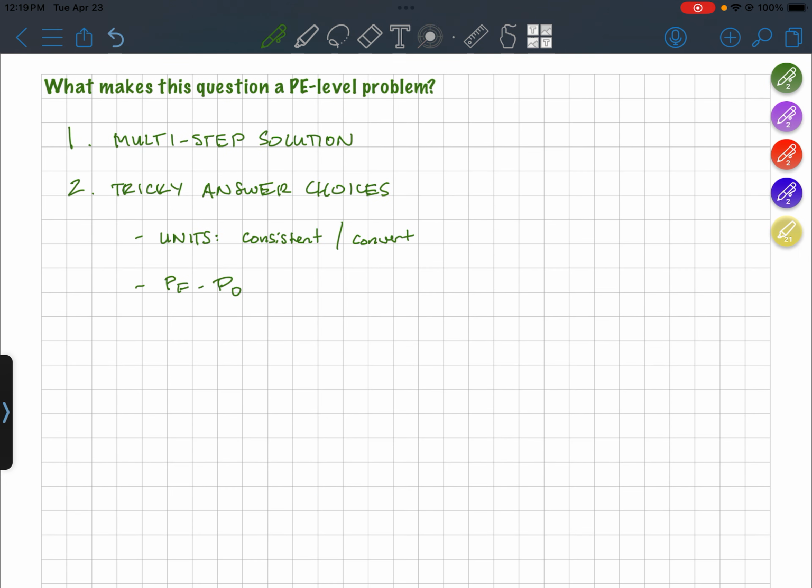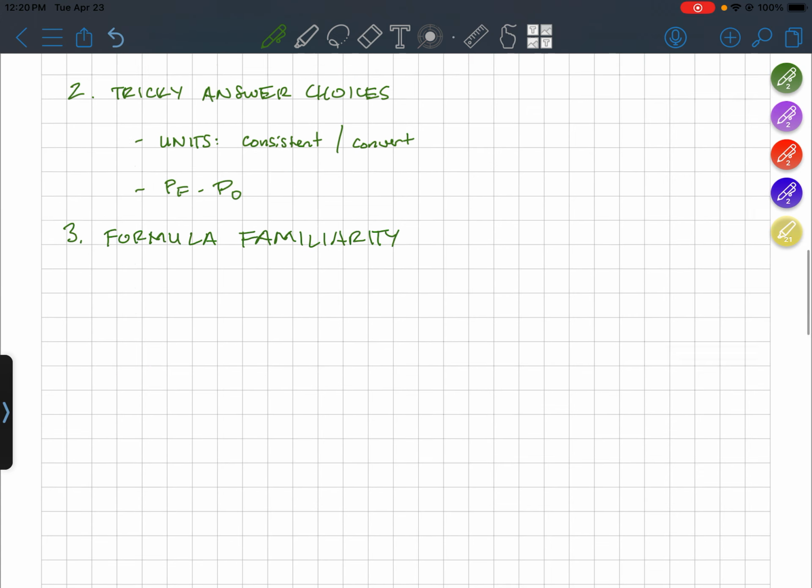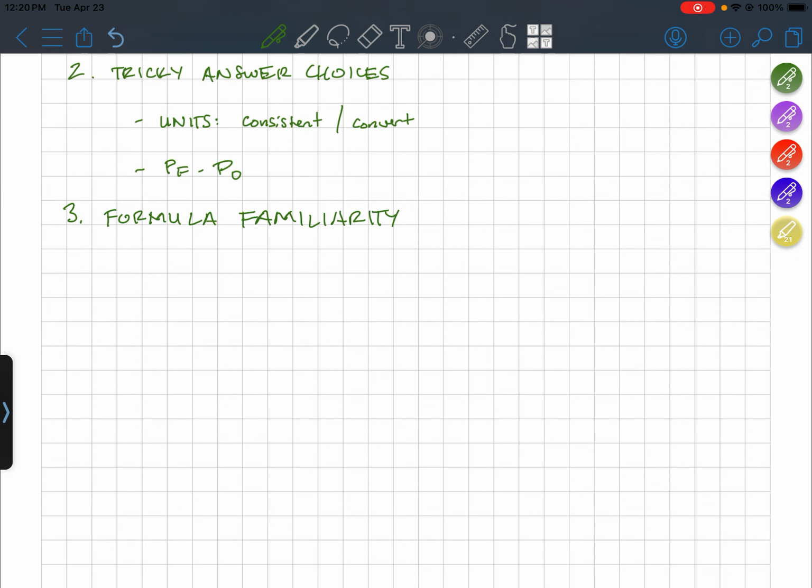But really the big one, and I think we know this, is formula familiarity. It's going to be really impossible for you to pass this exam if you don't know formulas quickly and off the top of your head. If you haven't done enough repetition of elongation formulas or elongation questions, you're going to probably have to go hunting through the reference manual.